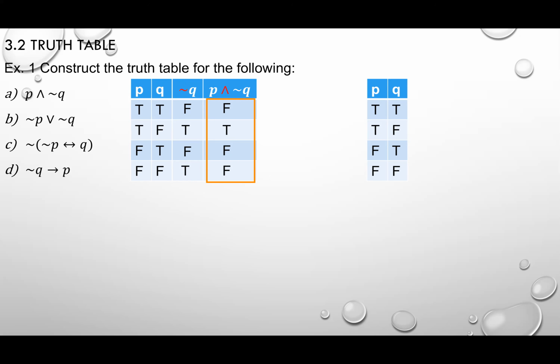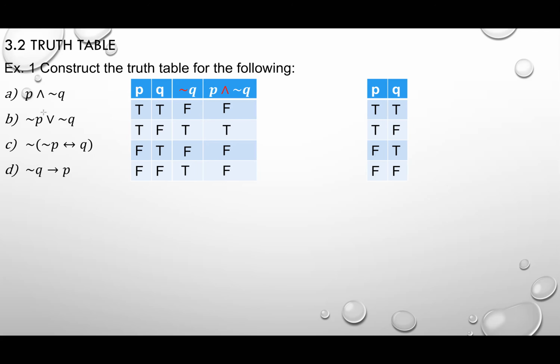Q will be true, false, true, false. So question, how can I take this starter kit and come up with this result here? Just like in any math, take one step at a time. Don't look at the whole item. Take one step at a time.